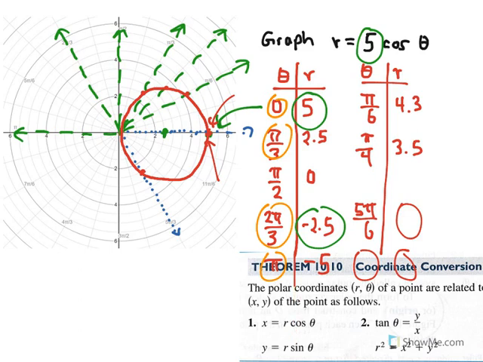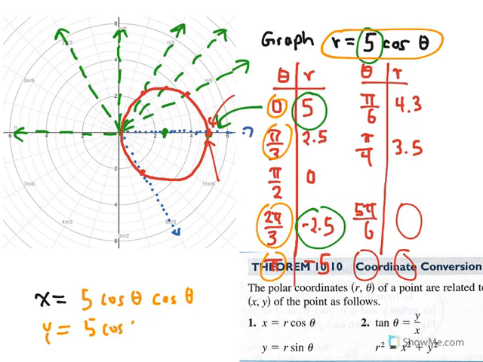If you wanted to take that approach, you have r is equal to 5 times cosine theta. So you have x is equal to r times cosine theta. So you will have 5 times cosine theta times cosine theta, and you will have y is equal to r times sine theta. So you'll have 5 times cosine theta times sine theta.